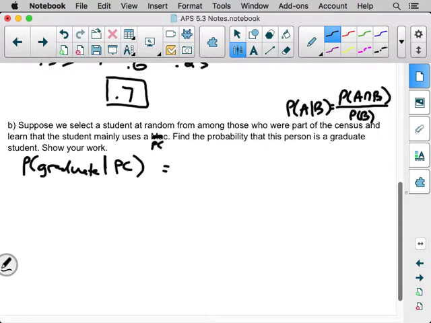So isn't the top the probability that both happen, right? So this is the probability someone is a grad student and uses a PC. That's what both would look like. Divided by the probability of B. Well, look at B's placement. B is that the condition actually happened.